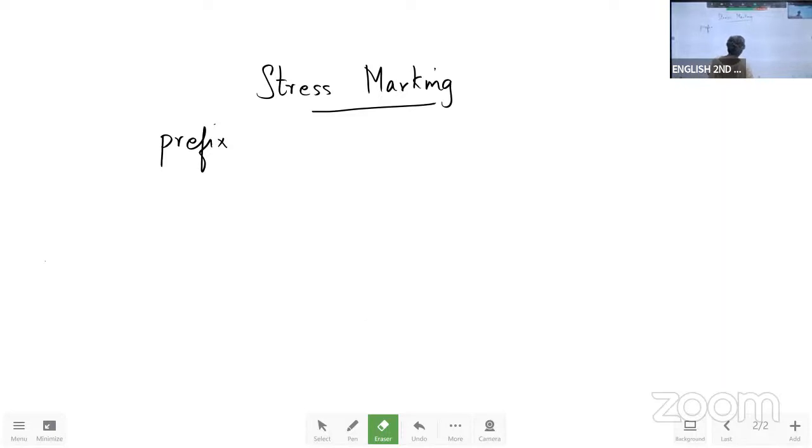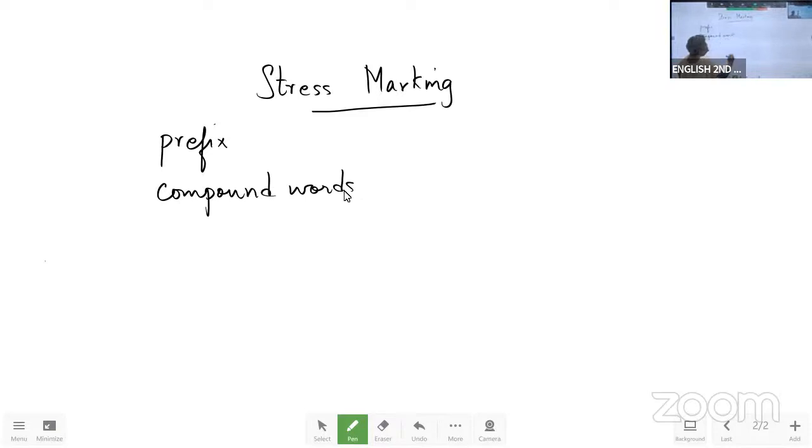Now coming to the second, it is compound words. Do you know the meaning of compound words? Compound words are two different words put together to make a third meaning. Like book has one meaning, shelf has another meaning.